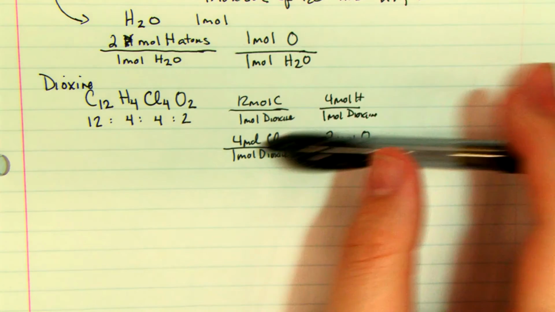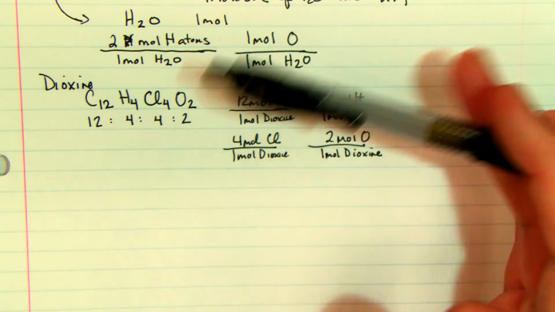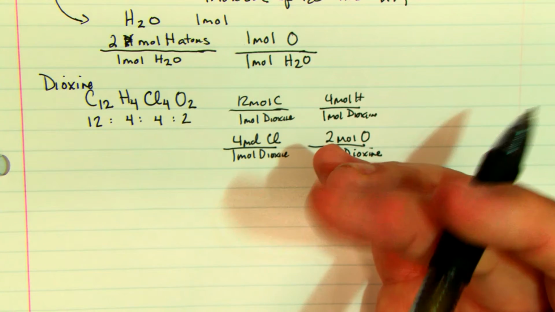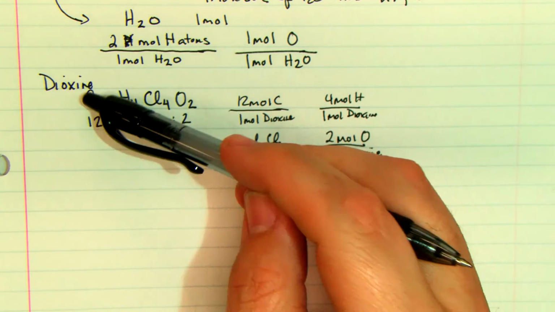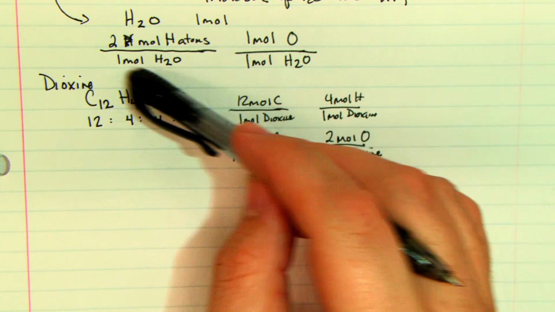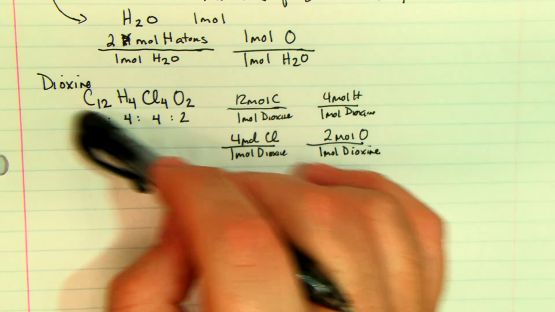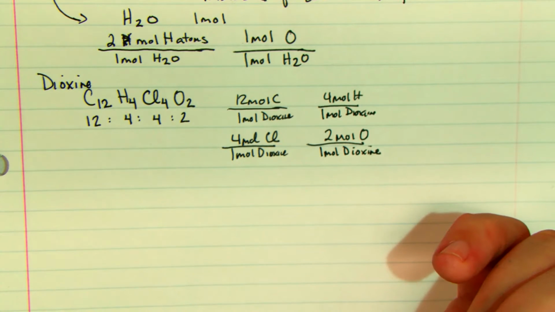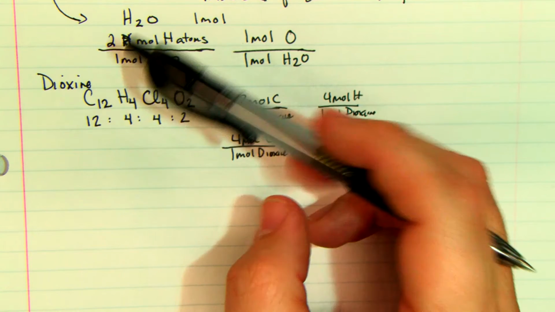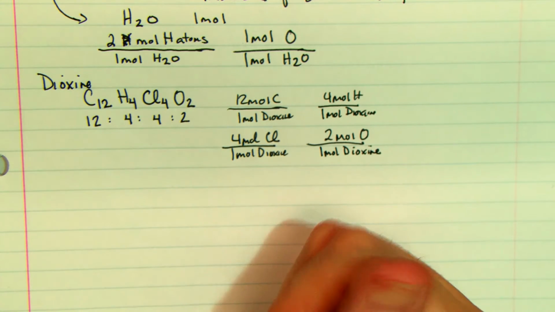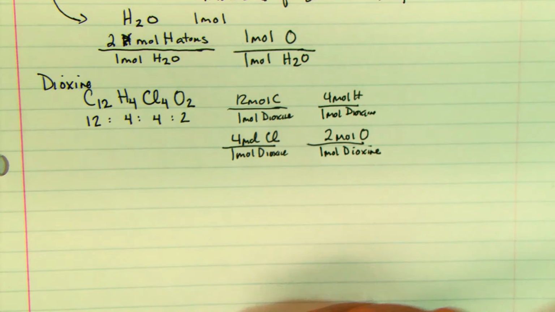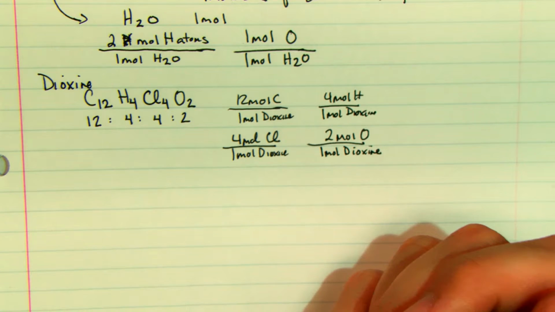But this gets to the point that whatever we're dealing with, we're going to have a chemical formula, and that formula tells us the recipe of what's going on. But it also tells us that there's 12 carbons in 1 dioxin. There's 4 hydrogens in 1 dioxin. And there are laws that state that dioxin has to form like this.